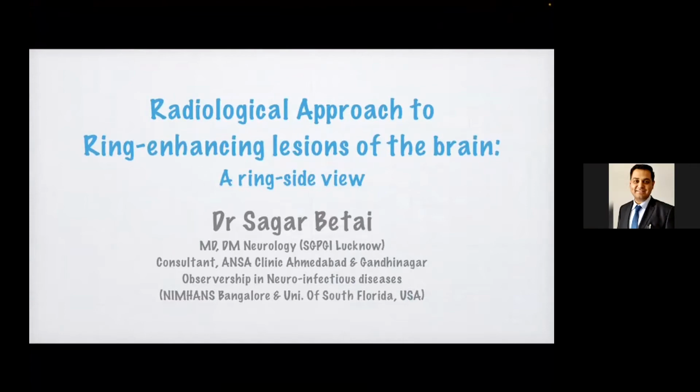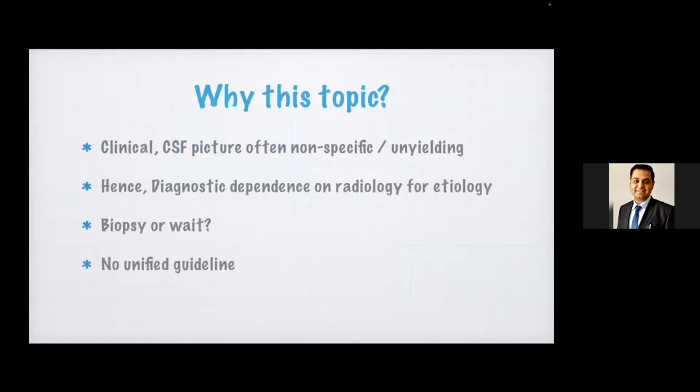So, madam, as you said, it's a very intriguing subject. It was very difficult for me to study and dissect out all the various causes, including infections and non-infectious diseases. So it was a learning for myself as well in the process of preparing the talk. The reason I chose this topic is that every time we face this hurdle, whenever we have a single large lesion or multiple small lesions which are ring enhancing, it is a very difficult dilemma.